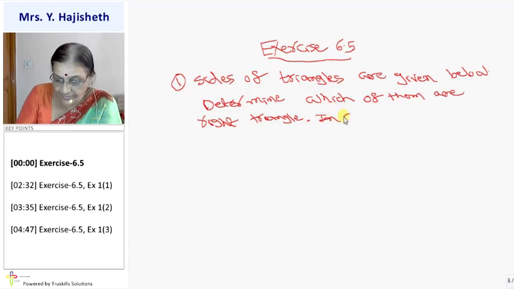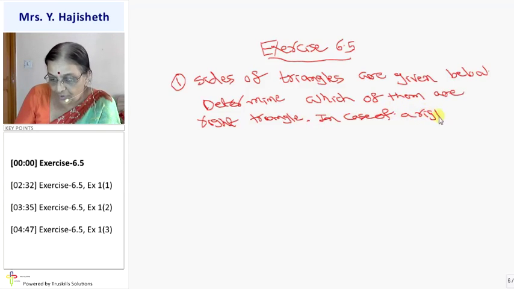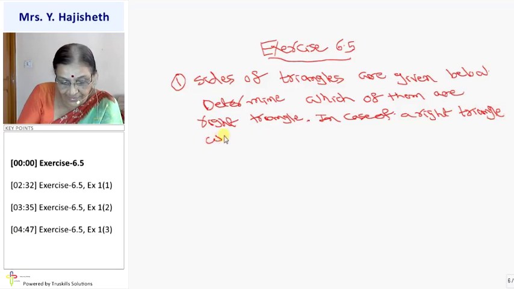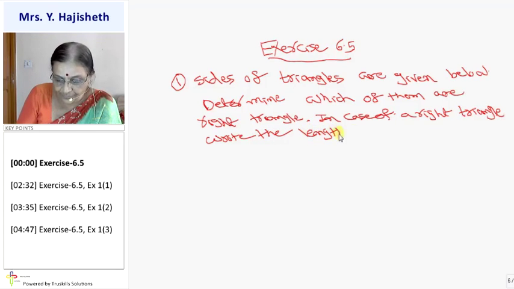In case you prove that these are the sides of a right angle triangle, then write the length of the hypotenuse.